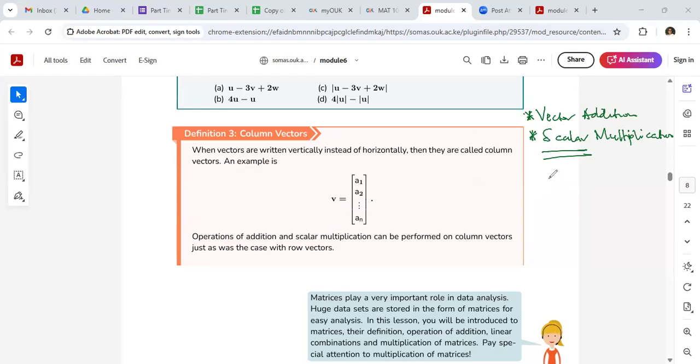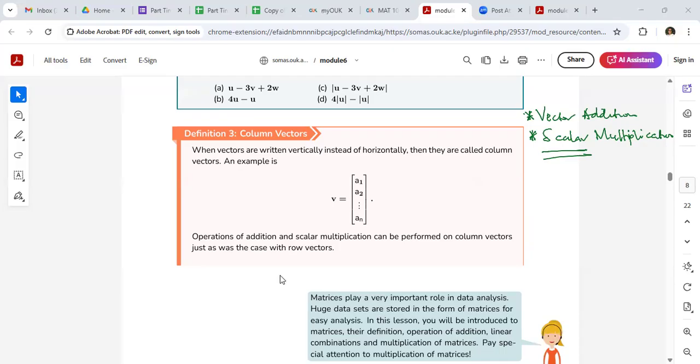I have not defined products of vectors, so these will come in later. So far the basic operations are vector addition and scalar multiplication. We are going to introduce products later.